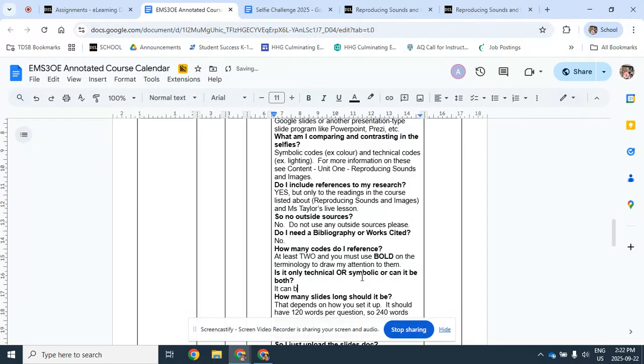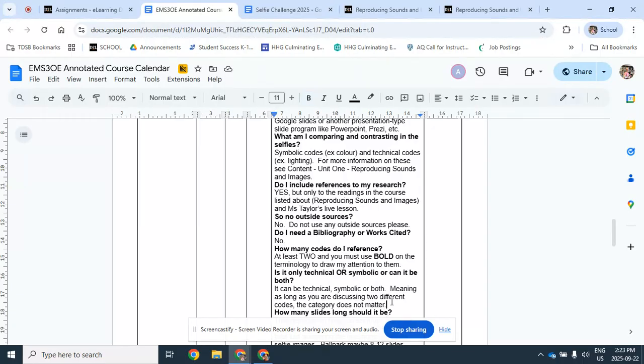So it can be technical, symbolic, or both. Meaning, as long as you are discussing 2 different codes, the category does not matter. What that means is you don't have to have only technical, you don't have to have only symbolic, you can have one of each. The category doesn't matter to me as long as there are 2 codes.